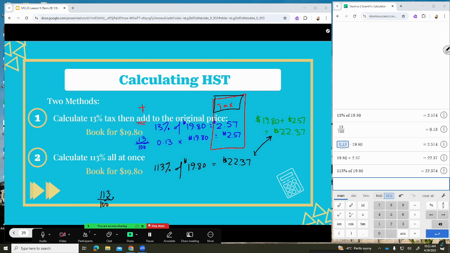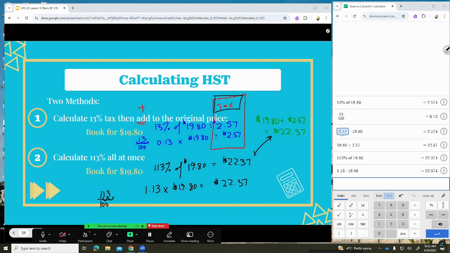We move the decimal place two, we get 1.13 times $19.80, and we get $22.37. See how it all comes together? It's all the same. It's 22.37, 22.37, 22.37. Doesn't matter which way you calculate it, you will get the same answer.